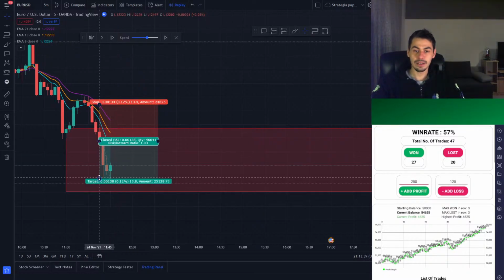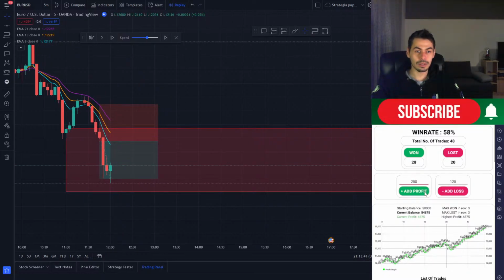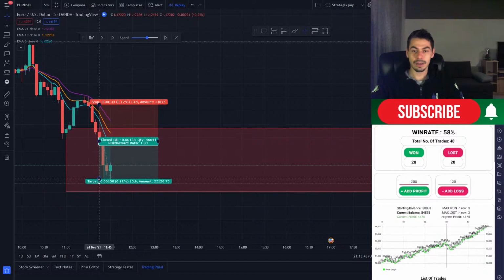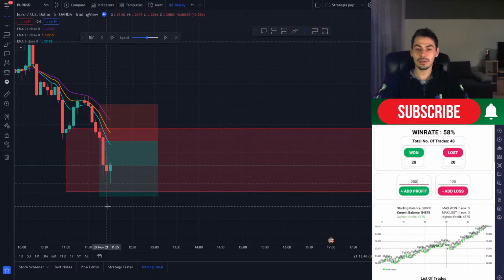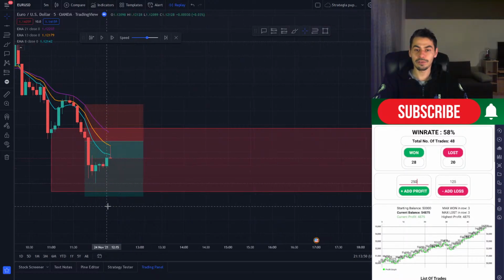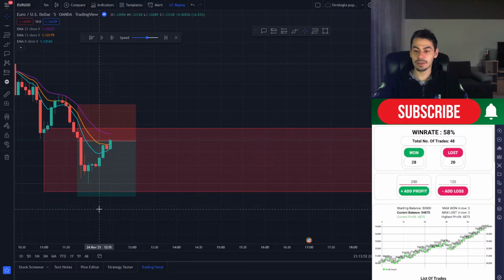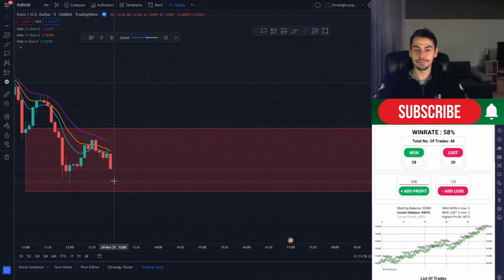Let's see if it gets hit. Yeah, it gets hit, so the 1-to-1 is hit, and I marked that in Trading Rush as well. And let's see if we can get all the way down to 1.5 to 1 in order to trigger the hedge, but unfortunately we don't. So this is a break even.